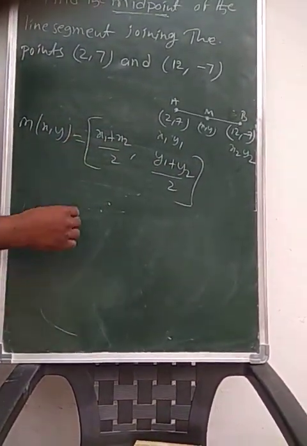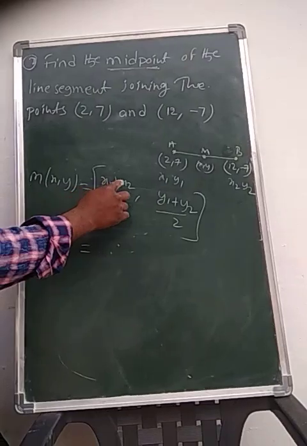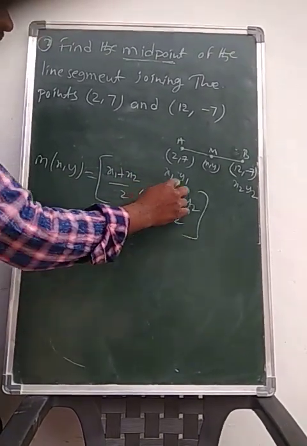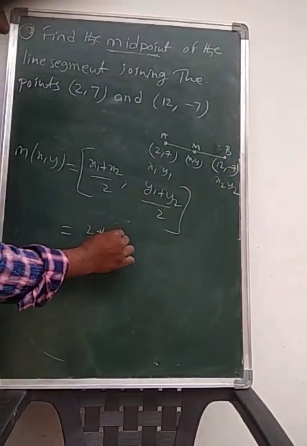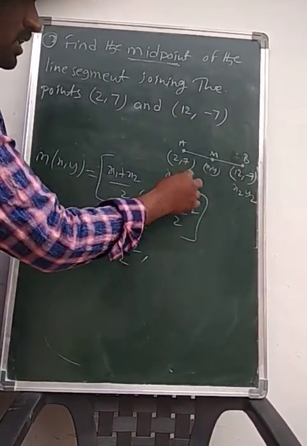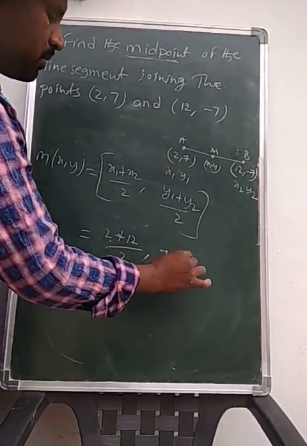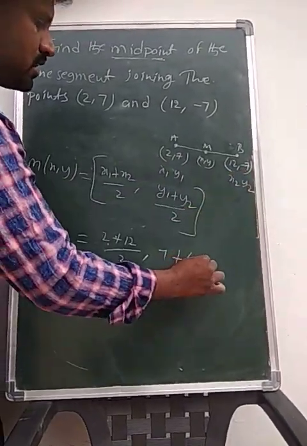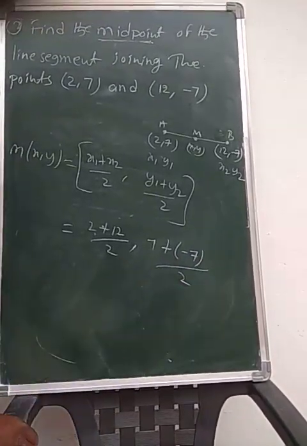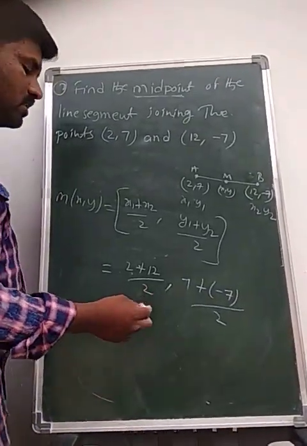Okay, now x1 plus x2 by 2 means x1 value is 2 plus x2 value is 12, by 2, comma y1 that is 7 plus y2 that is minus 7, by 2. Okay?